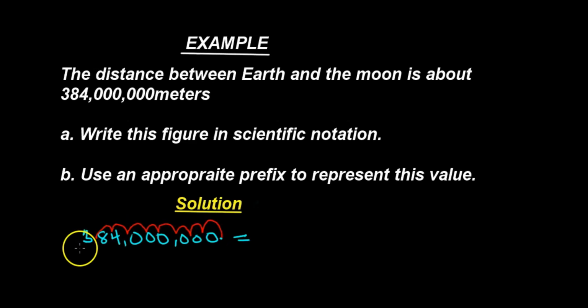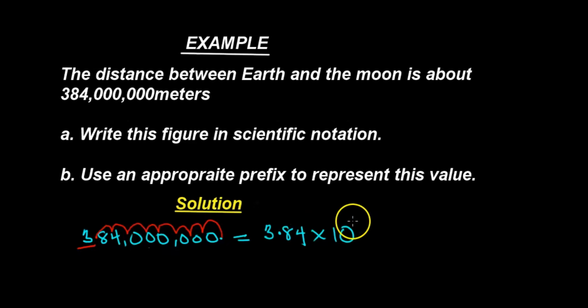Now at this point I have a coefficient that falls within the range 1 to 9. This 3 is a value that falls within that range. So I'm going to get this in scientific notation as 3.84 times 10 exponent. How many steps did we move? 1, 2, 3, 4, 5, 6, 7, 8.